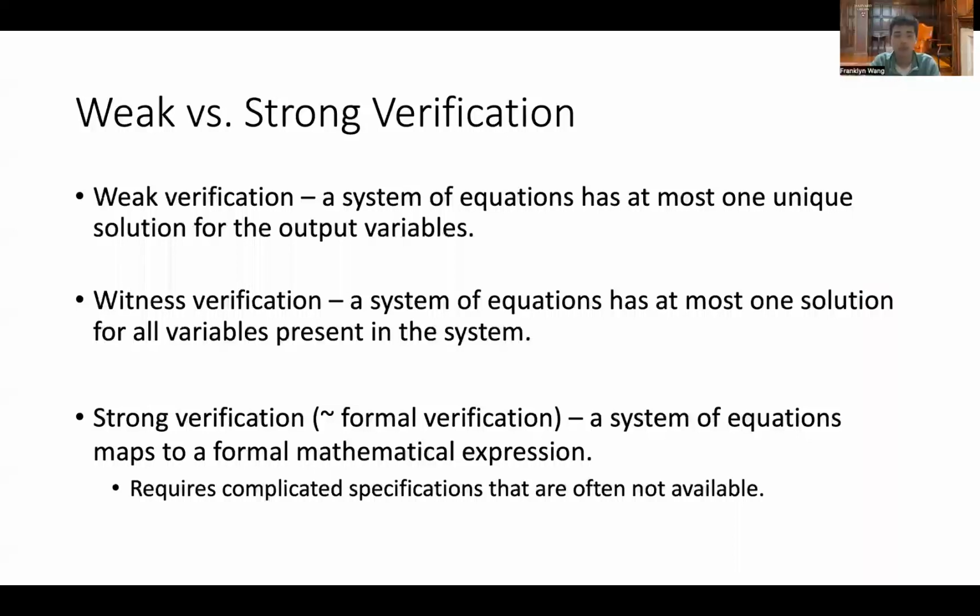So not just the output variables, but all the variables. And the last one is strong verification, which is closest to the notion of formal verification that I think you guys are familiar with. It's when a system of equations maps to a formal mathematical expression. And this will often require a lot of complicated specifications that aren't necessarily naturally generated in the process of writing your circuit. So it's often the hardest one to prove, and indeed Ecne will only focus on weak and witness verification.